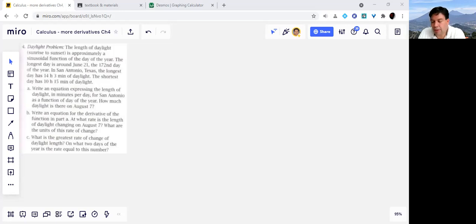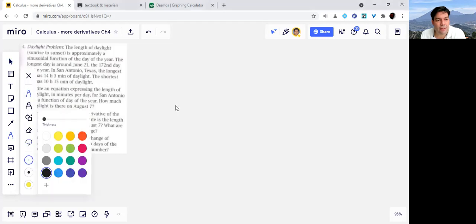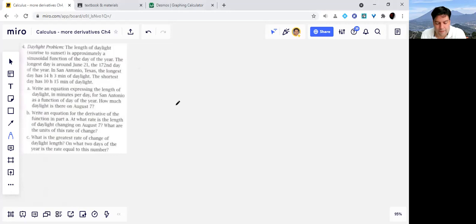Okay, so because it does say that we should do this in minutes per day, we should transform our longest day length to only minutes, the same as the shortest day length. So let's do this. 14 hours and 3 minutes is the same as 14 times 60 minutes plus 3 minutes.